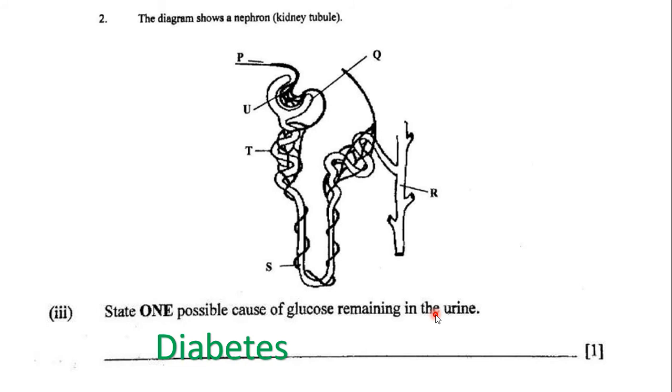We're trying to figure out what is one possible cause of us having glucose in the urine, and the answer is diabetes.